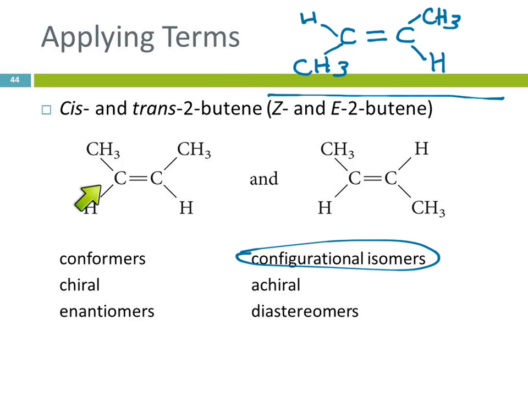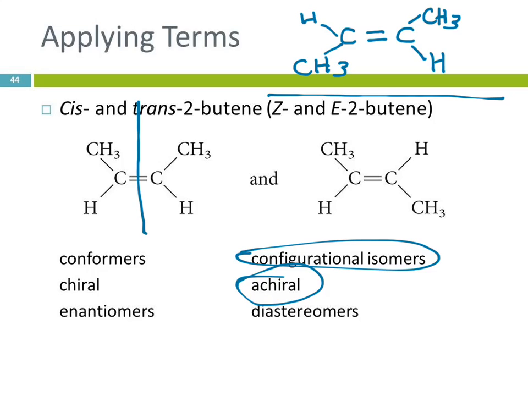How about this one? Another way you can do this is look for a plane of symmetry. There's a plane of symmetry right down the middle of this one. These are achiral. What makes it achiral again?